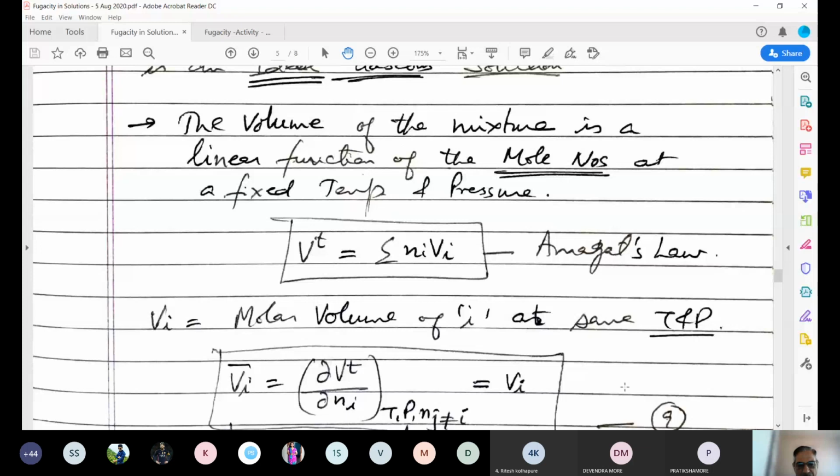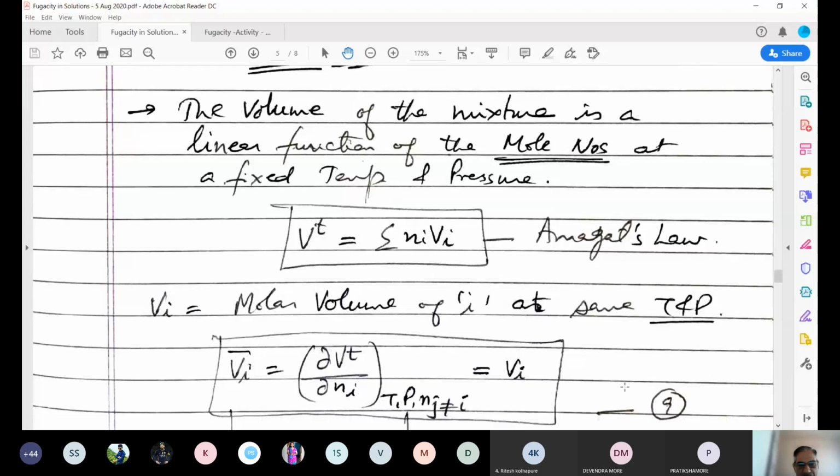No, sir. Okay. So if we take this by definition and we want to find Vi bar, what we'll get is double Vt by double Ni at constant temperature, pressure, Nj not equal to i. What we'll get is only Vi. Right? Because double Ni by double Ni is 1, so we get Vi.